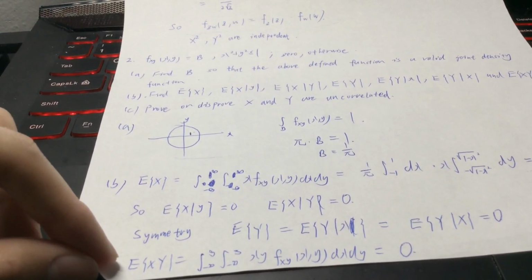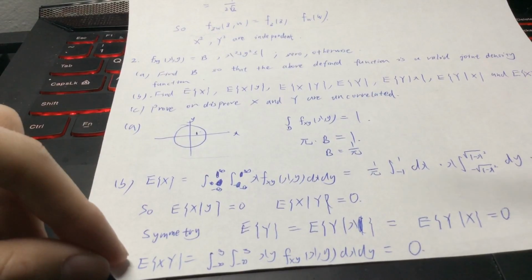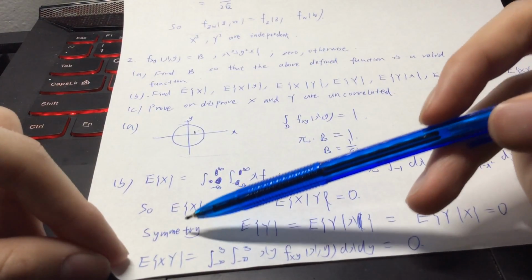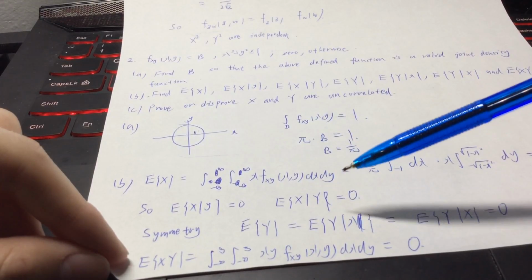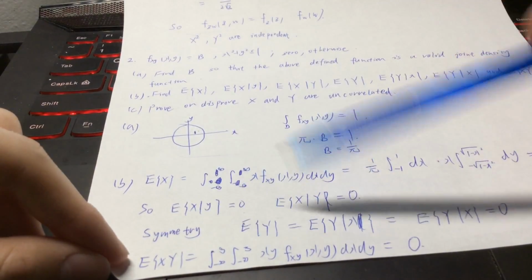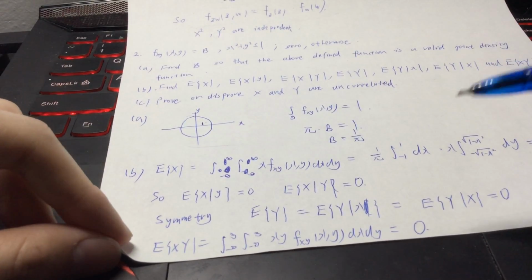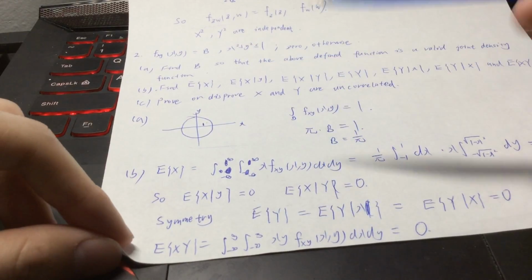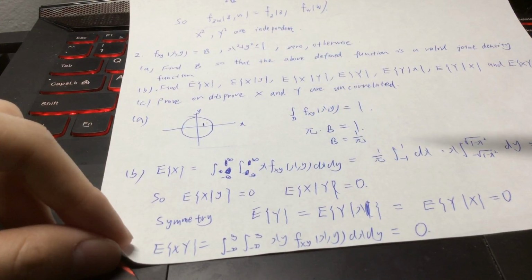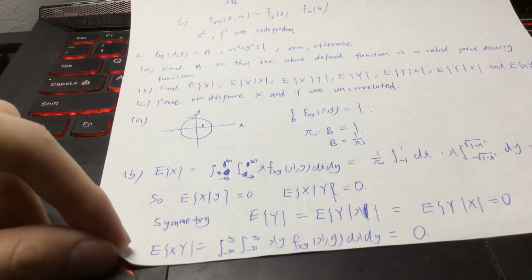As E[X] is equal to 0, it is easy to see that E[X] given y equals 0 also equals 0. And then as x and y are symmetric, we know that E[Y] is equal to E[X], which equals 0.